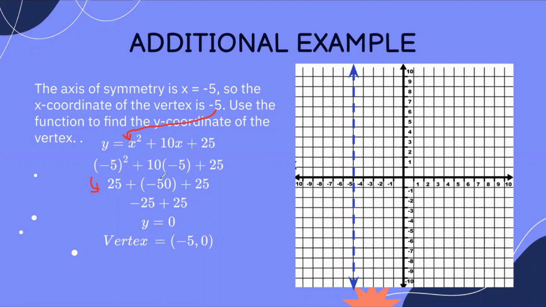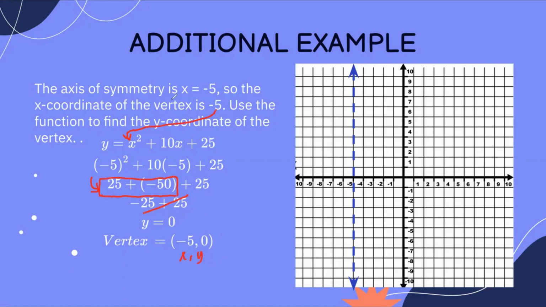Then 10 times negative 5 gives you negative 50, and then you would just have plus 25. So 25 plus negative 50 would give you negative 25. If you add that to your other 25, negative 25 plus 25 cancels, and your y value would equal 0. Now that you have both your x and y value, make them into an ordered pair for your vertex, and that would be negative 5, 0.